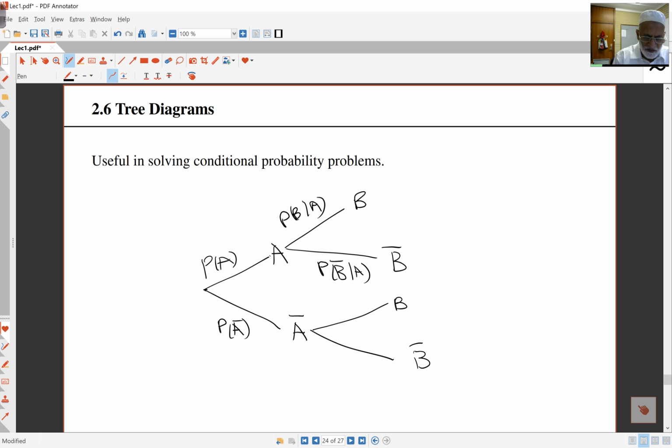And again, at this node here, those two branches' probabilities must add to 1. Here, this is the probability of B happening given A didn't happen. And here is the probability of B complement happening given A didn't happen. And again, at this node, the branch probabilities must add to 1. So this is how the whole thing works.